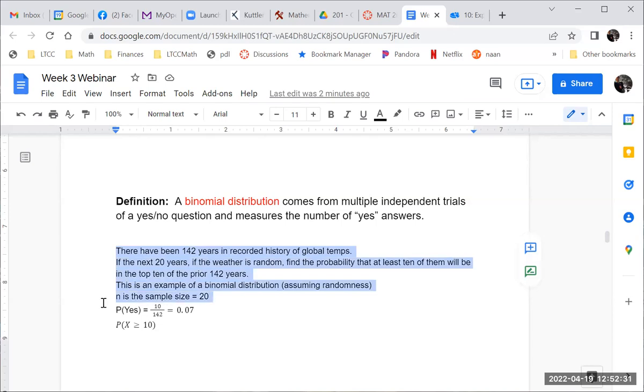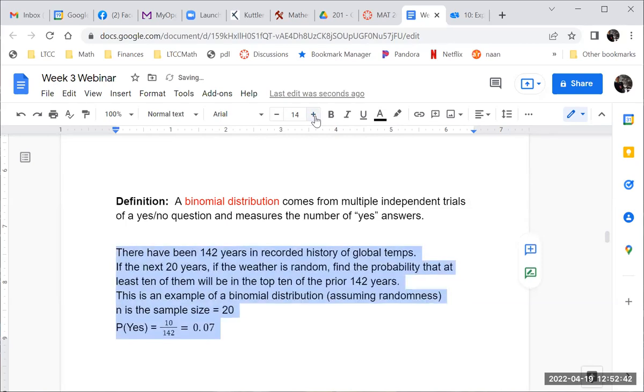That I've got. Okay, and let me put this in. I'll make it a little bigger for you. This one I typed in, and this one I looked up. This is real, whereas a lot of examples I just make up numbers, like the car salesperson. I don't really know how much money car salespeople make, but this one I looked up, and there have been 142 years in recorded history of global temperatures.